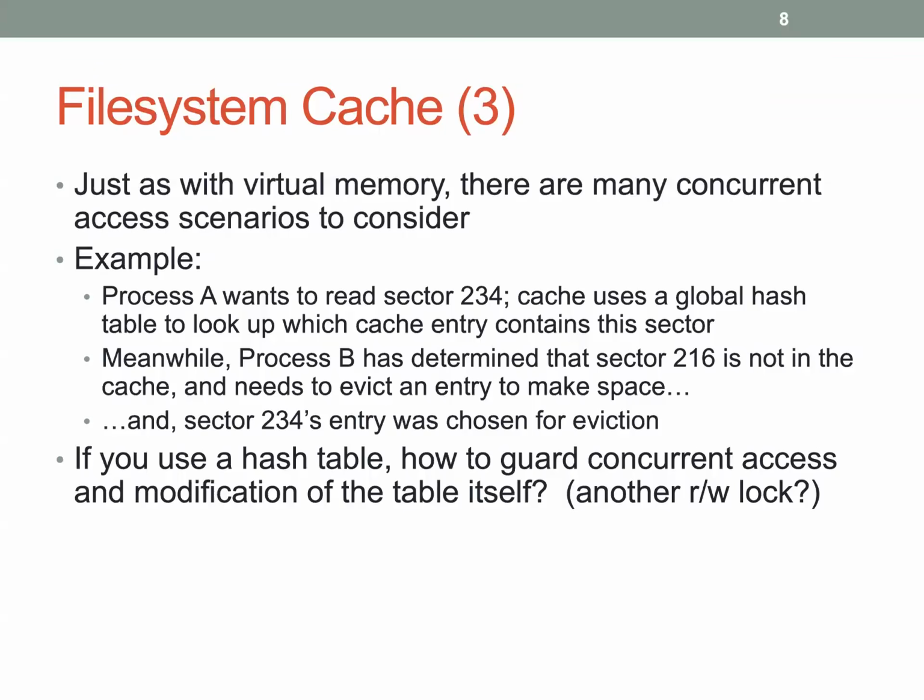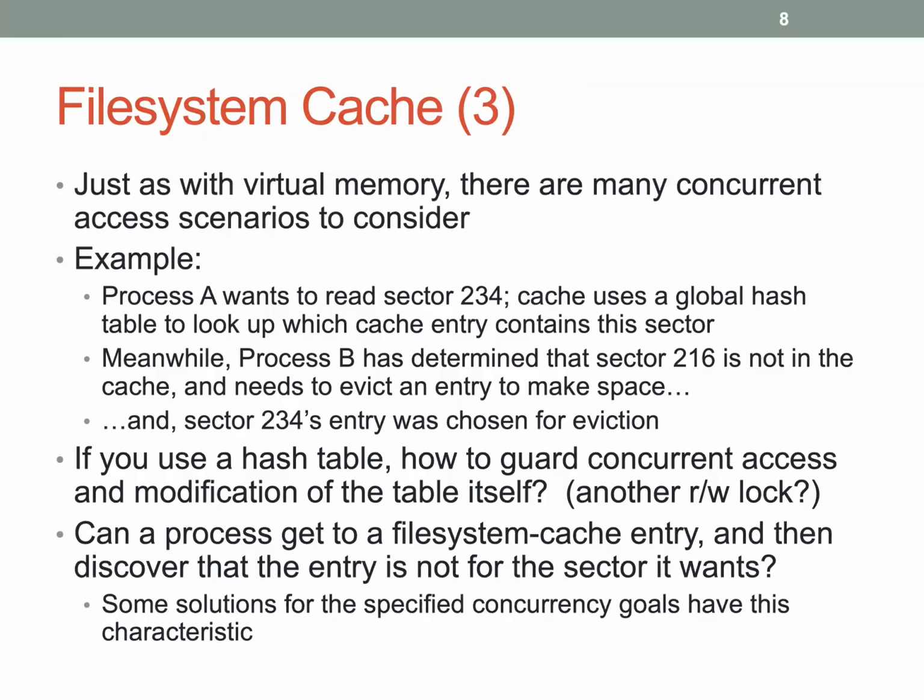So it's an easy way to do a single step to see if an entry is in the cache. You don't have to do a linear scan. You may want to, so you have to think about this question. If you use a hash table, how do you guard concurrent access and modification to the hash table? Because the hash table will be completely annihilated if you have unguarded concurrent mutations of the hash table.